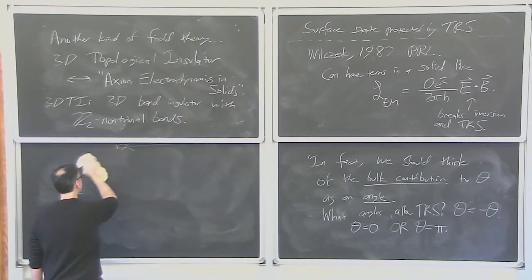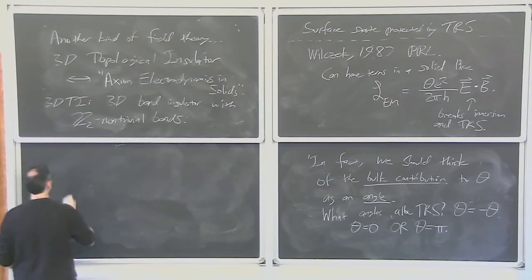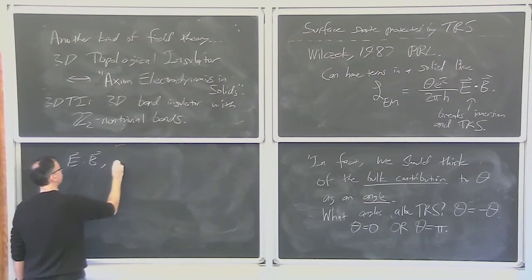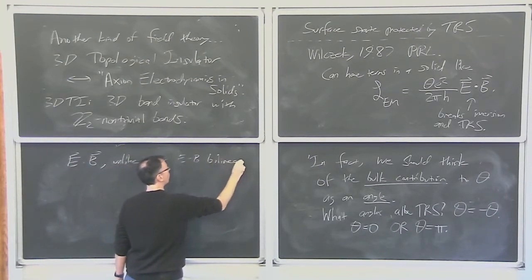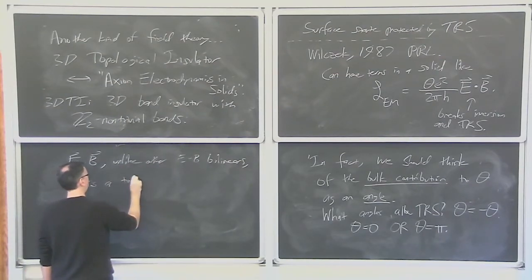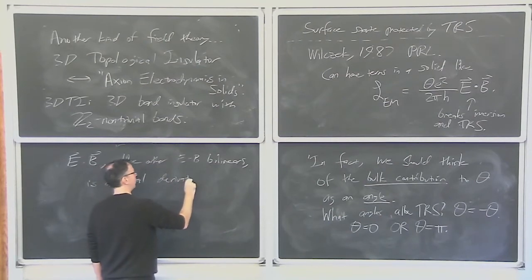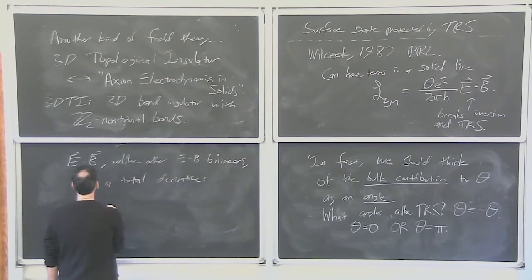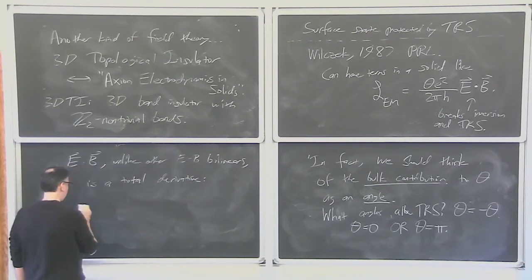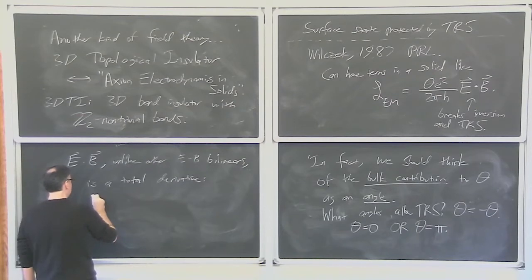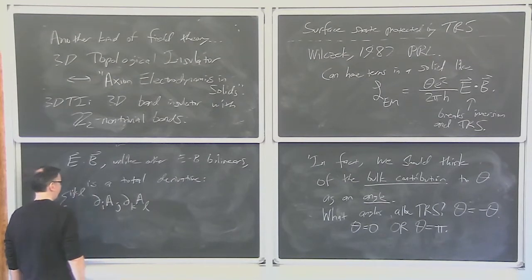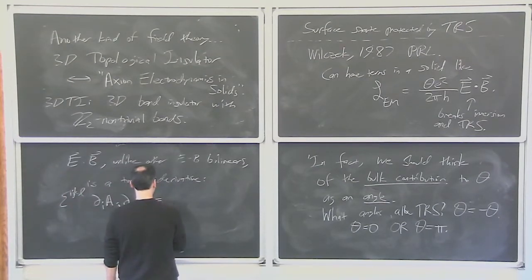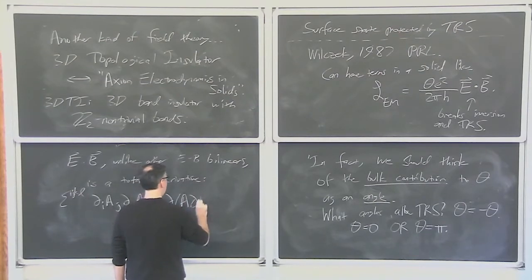You probably know that E dot B is a Lorentz invariant, but another reason why it's special is that we sometimes call this F wedge F. It's like dI AJ dk AL, so that will give me E dot B, and this is essentially a derivative of AdA.